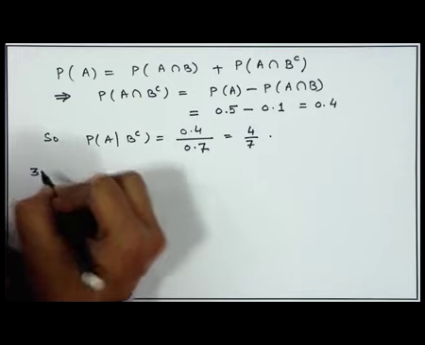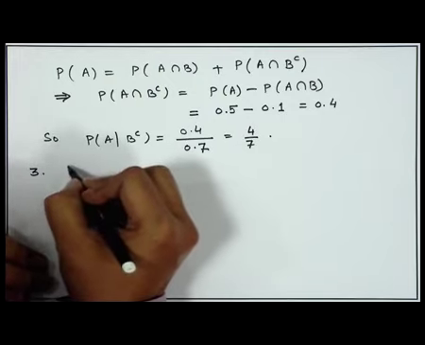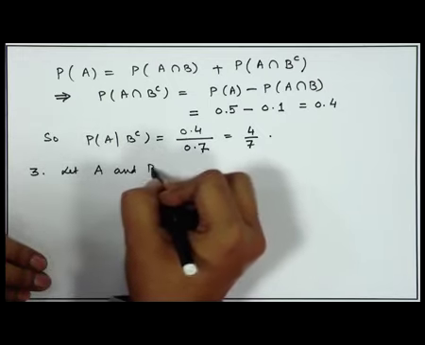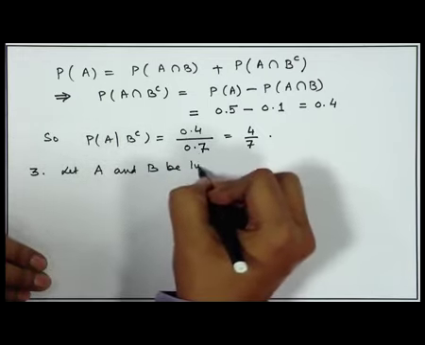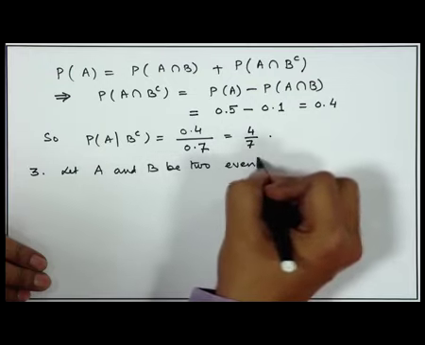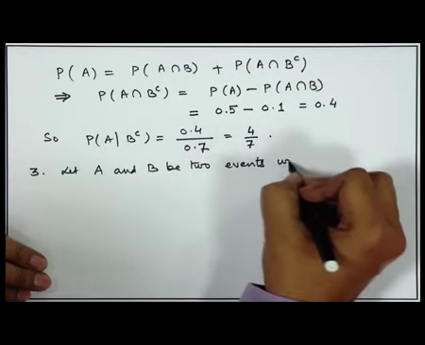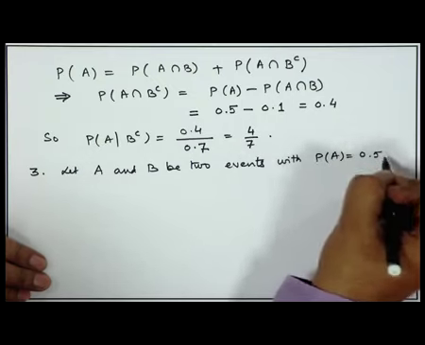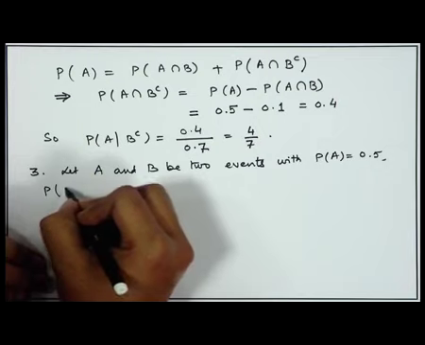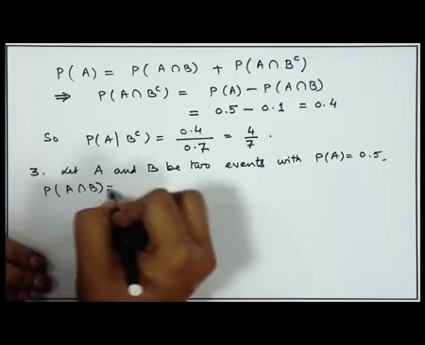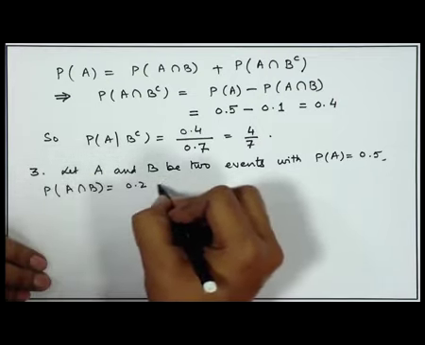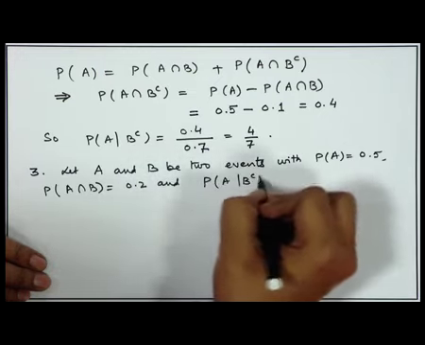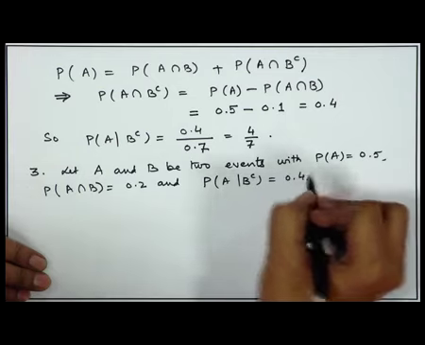Let us take one more example. Let A and B be two events with probability of A equal to 0.5, probability of A intersection B equal to 0.2 and probability of A given B complement equal to 0.4.